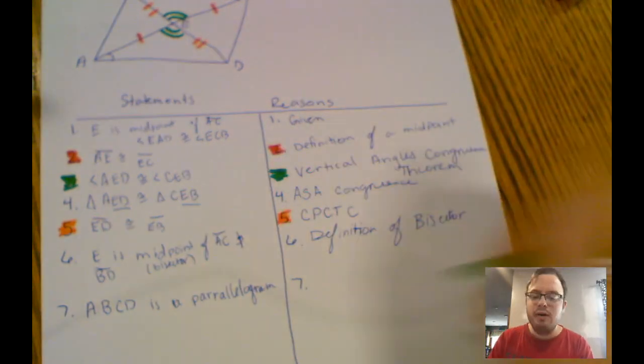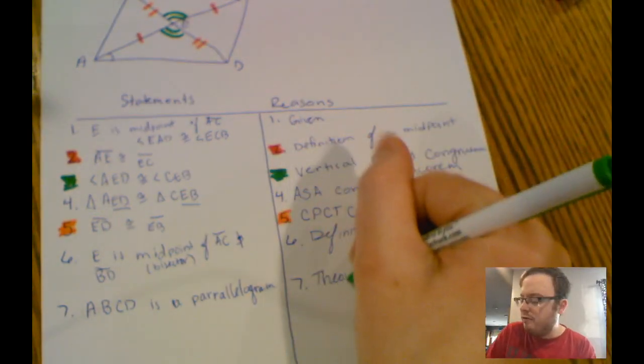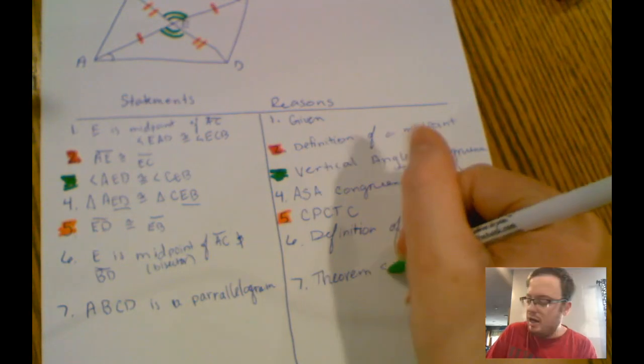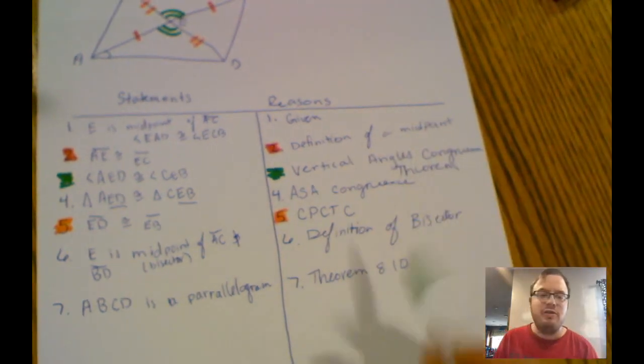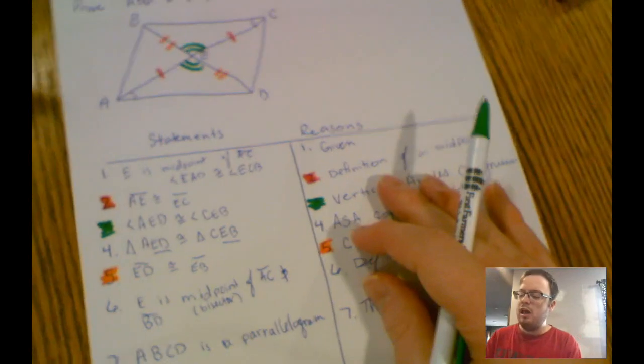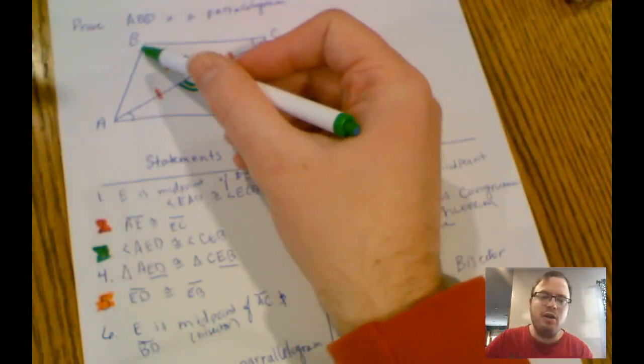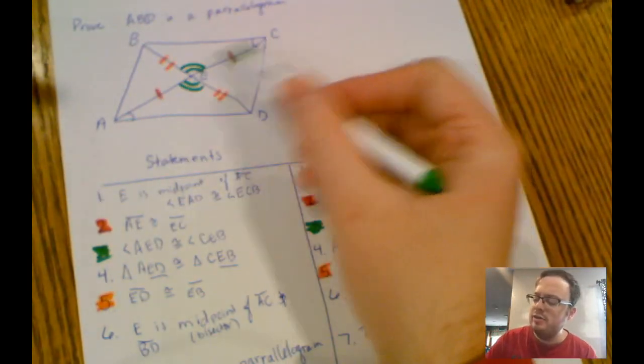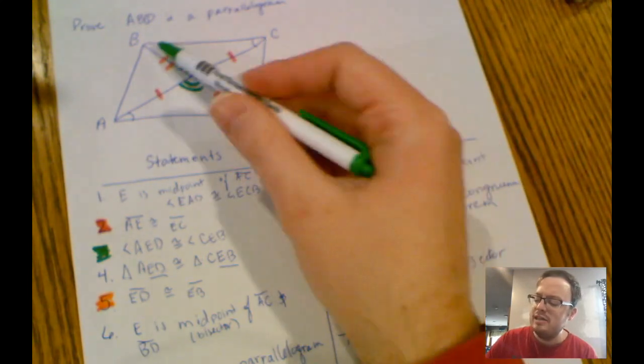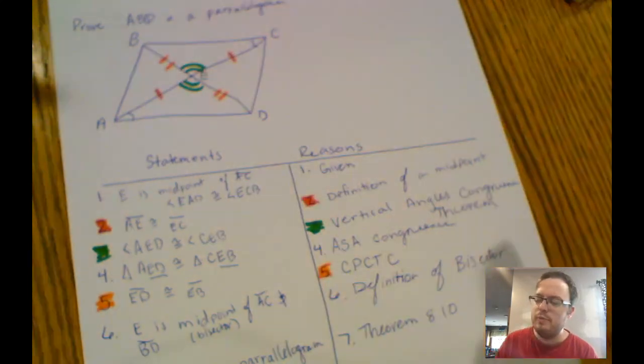If you look in our book, or in the notes, that came from theorem 8.10, which said that if a quadrilateral has diagonals that meet at a point that bisects both of them, then it's a parallelogram.